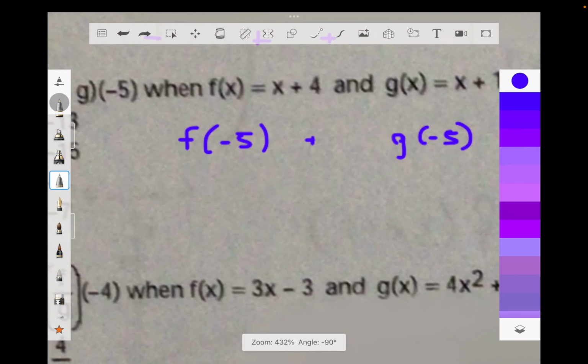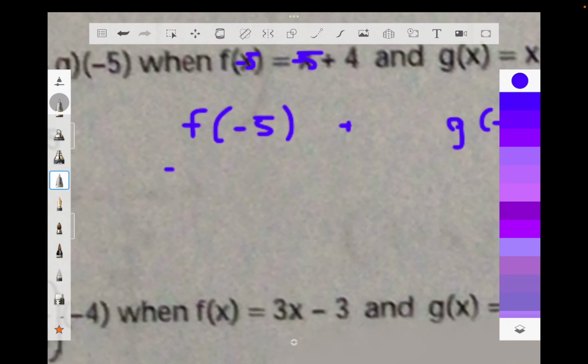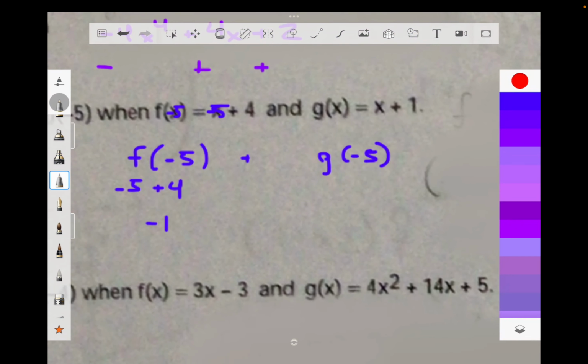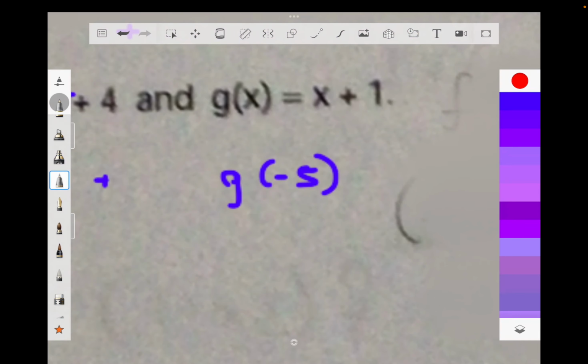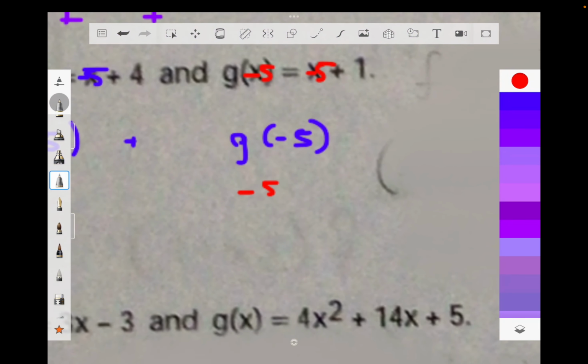So if I replace this x with a -5, it's going to be -5 plus 4, which is -1. Same thing with this: replacing x with -5, it's -5 plus 1, which is -4.